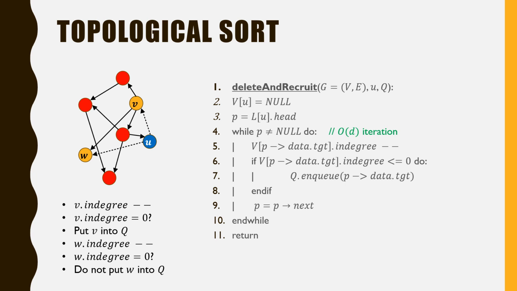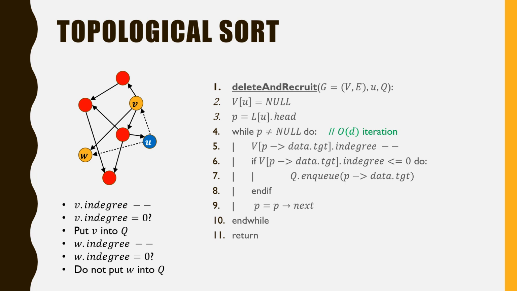Here, we assume the adjacency list implementation. The function takes three input parameters: the graph G, the node to delete U, and the queue that stores all nodes with no incoming edges.